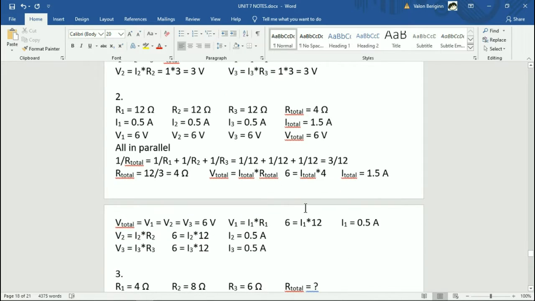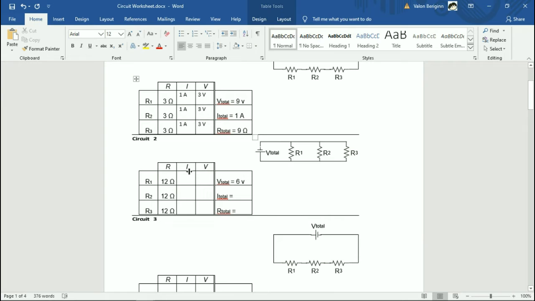So yeah, all that works out. So we have 0.5 amps, 0.5 amps, 0.5 amps, 6V, 6V, 6V. Total resistance ended up being 4 ohms, and the total current was 1.5 amps.